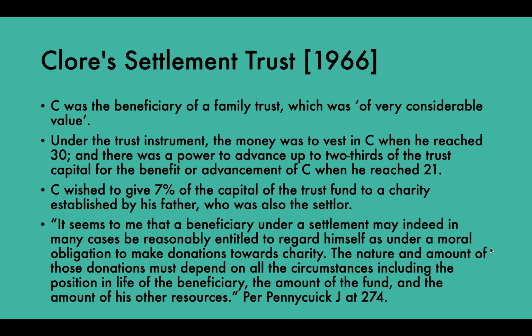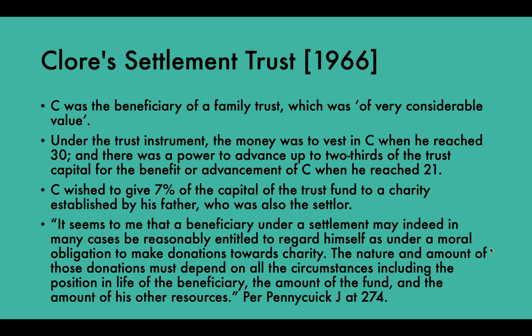So let's look at another case here. We've got Clore's Settlement Trust from 1966. Now, Clore was the beneficiary of a family trust which was of very considerable value. Under the trust instrument, the money was to vest in Clore when he reached 30, and there was a power to advance up to 2/3 of the trust capital for the benefit or advancement of Clore when he reached 21.